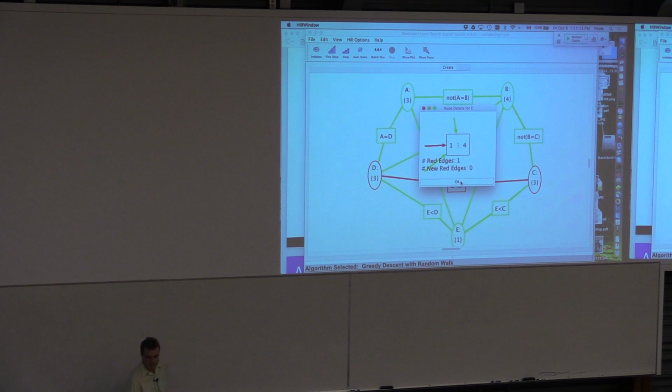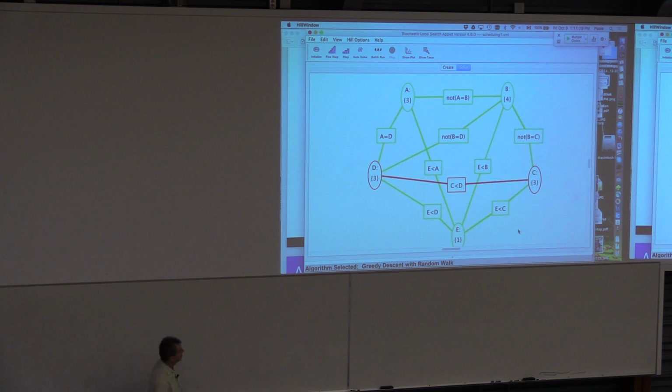And it picked 3. Now there are two variables in conflict. It's going to pick one at random. It's going to pick C again and change it to 1. Now it's going to pick another one at random. It's going to pick C again and change it to 2. It's going to keep checking C and changing it.